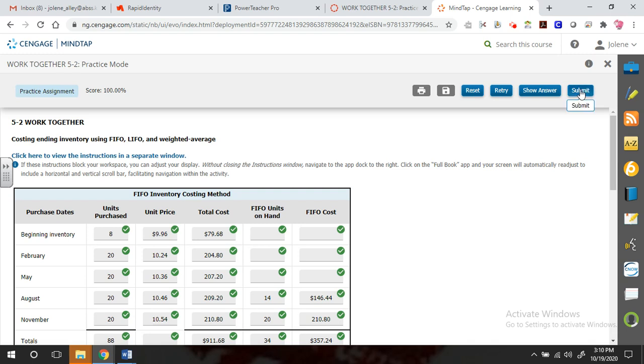Submit, and then you're going to go on and do the on your own. There's a practice on your own. You can do that as a practice to make sure you get it. And then the regular on your own is a grade in the grade book.